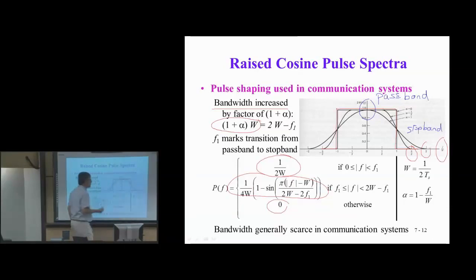And then between the pass band and stop band would be the transition band. Okay. So there's your raised cosine.